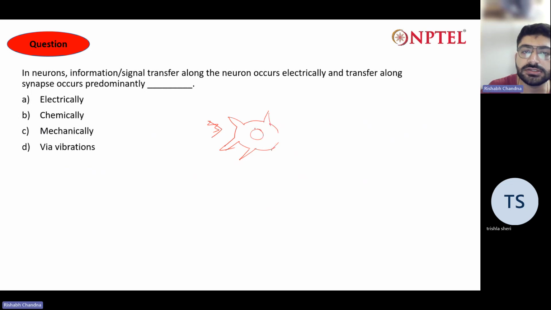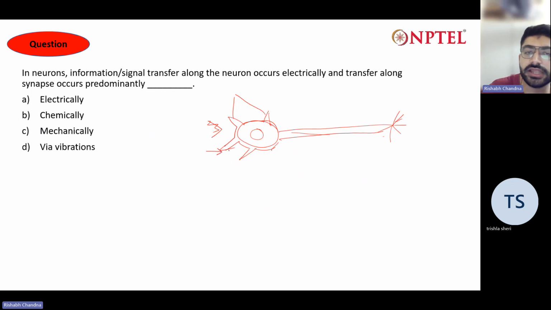If we see this, this is the structure of a typical neuron. This is the cell body that we see. These are the dendrites, and here is the axon, and these are the synaptic terminals of the axon. First, the signal is received from this end.